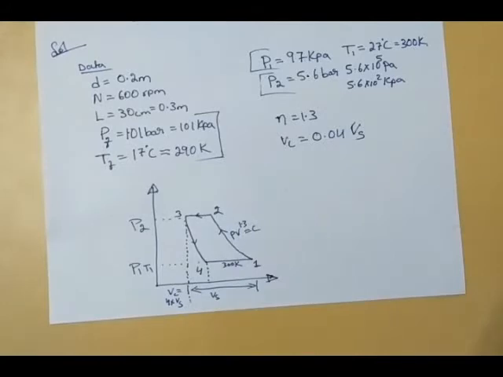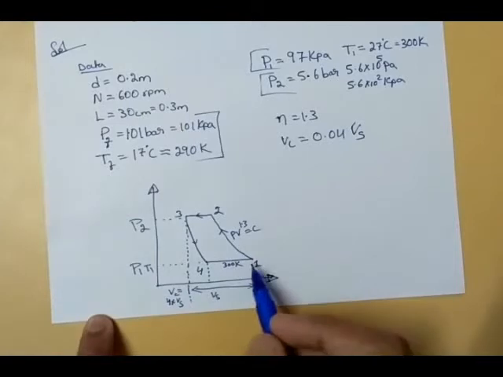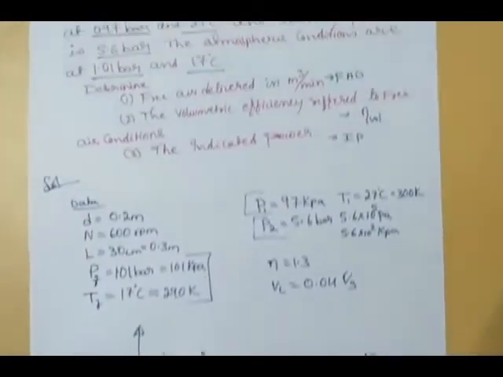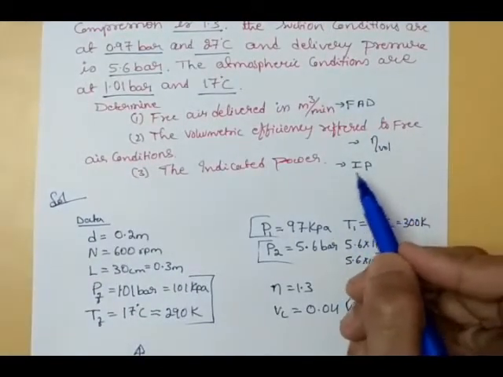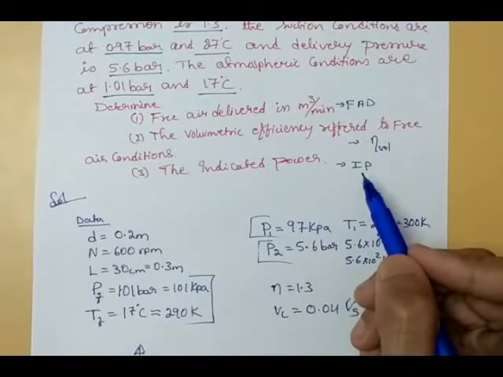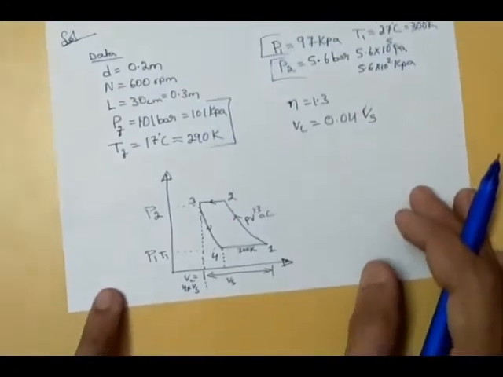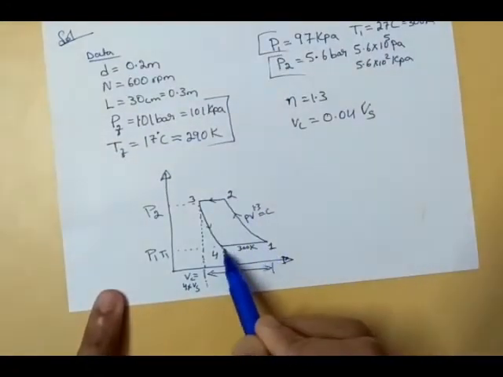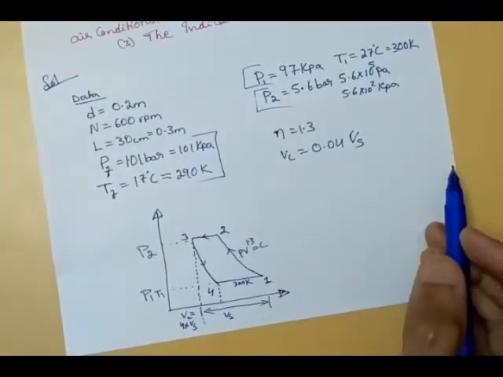Now we will calculate V1 and V4. We need V1 and V4 because we have to calculate IP, indicated power. To get IP, we need this volume V1 minus V4.